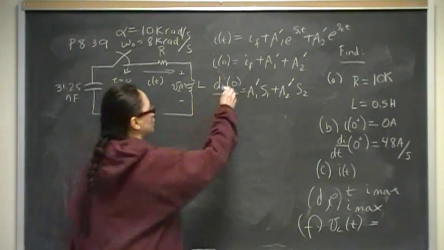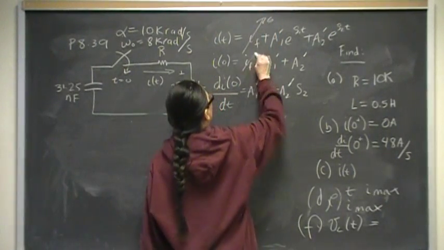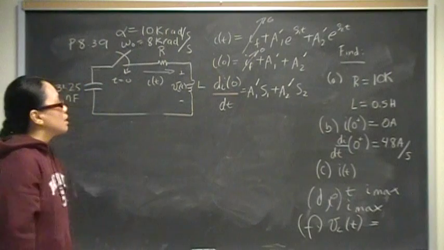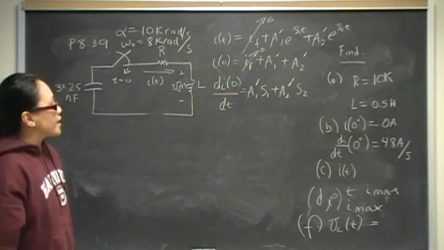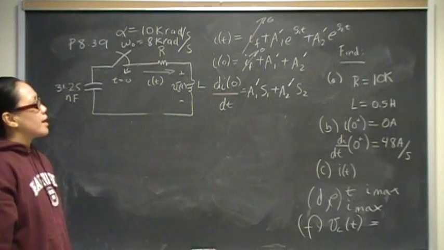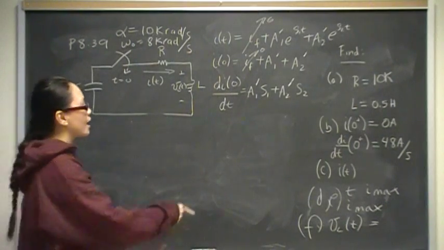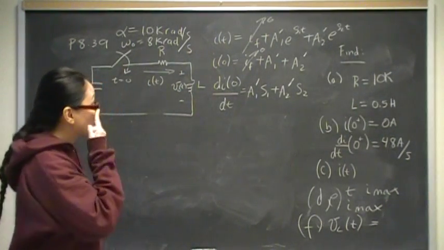So that i final is 0. Great. So now we know S1, we know S2, all that remains is to find A1 and A2, and luckily we have two equations to do that with.